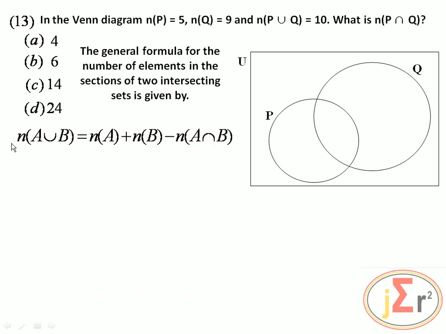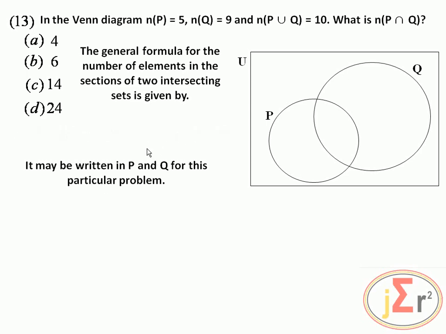So the number of elements in the entire union is equal to the number of elements in A plus the number of elements in B, minus the number of elements in the intersection of A and B. We are adapting this formula to suit this particular situation, and we will therefore use P and Q instead of A and B.